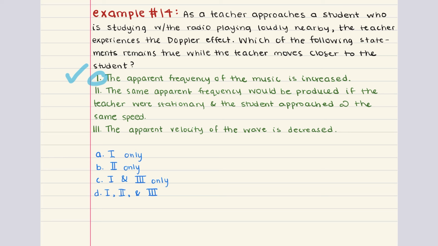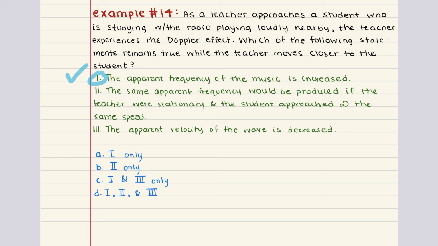Statement 2 says the same apparent frequency would be produced if the teacher were stationary and the student approached at the same speed. This statement is incorrect. The Doppler effect depends on the relative motion between the source of the sound and the observer. Here, the teacher is the observer, and the frequency they perceive depends on their own movement relative to the radio, which is the sound source.